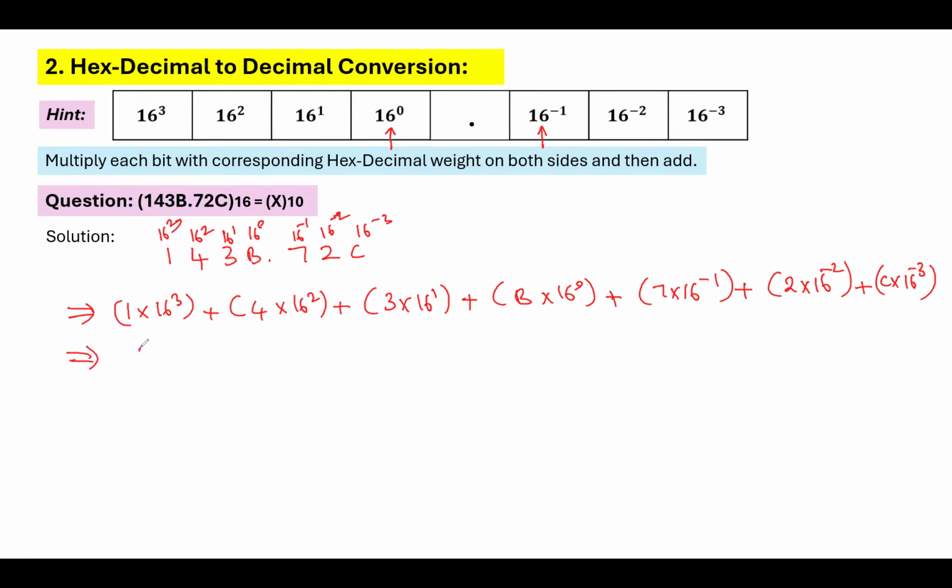Its equivalent product is 4096 plus 1024 plus 48 plus B into 16 power 0.